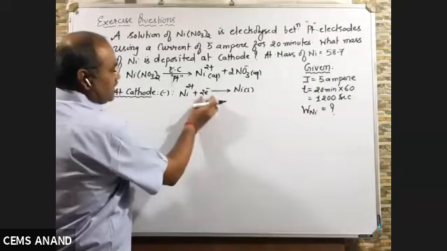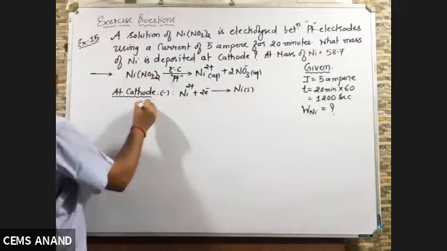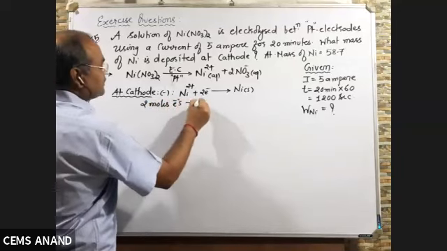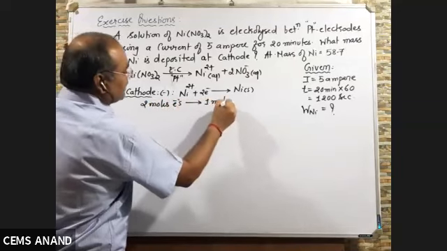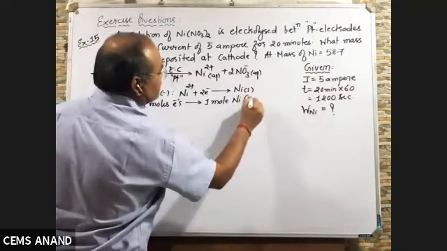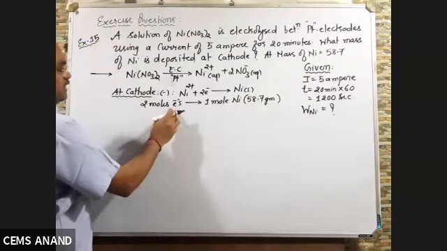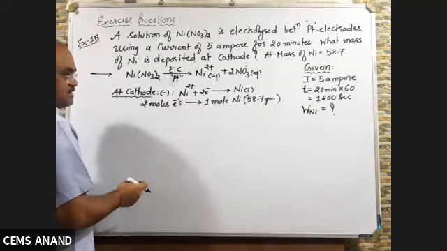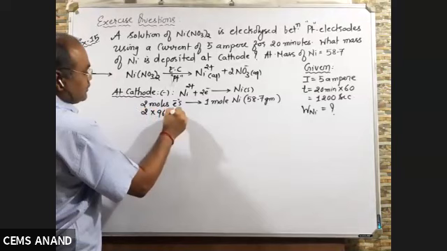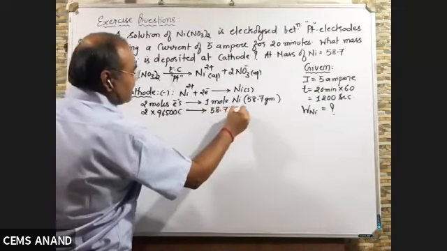Now look theoretically. 2 moles of electrons give 1 mole of nickel, and 1 mole of nickel is equal to 58.7 gram. 2 moles of electrons means 2 into 96500. 2 into 96500 coulomb gives 58.7 gram nickel.